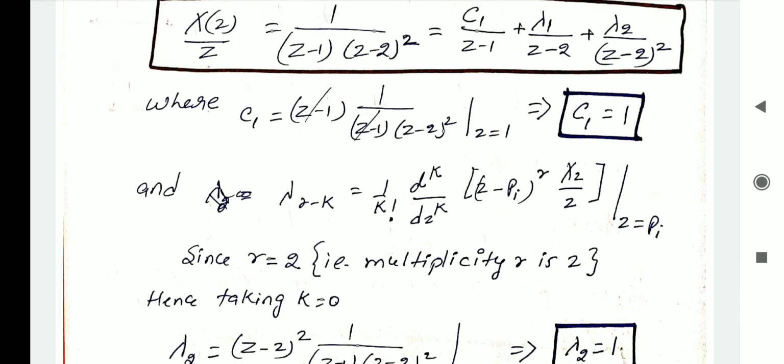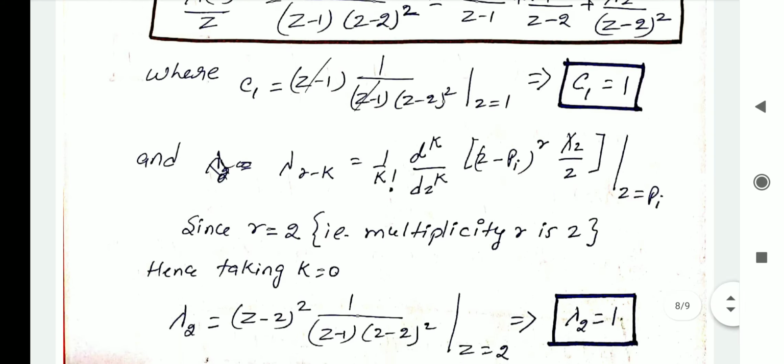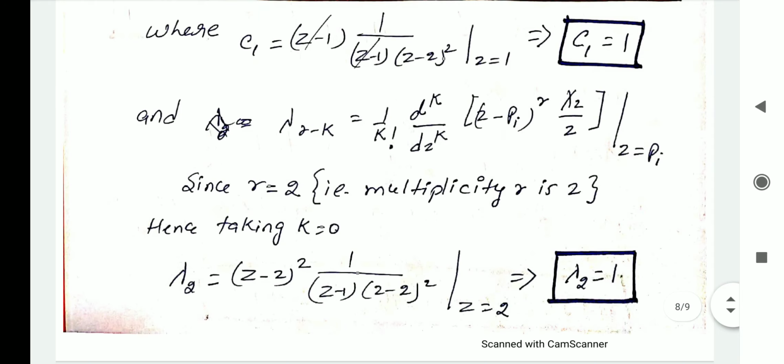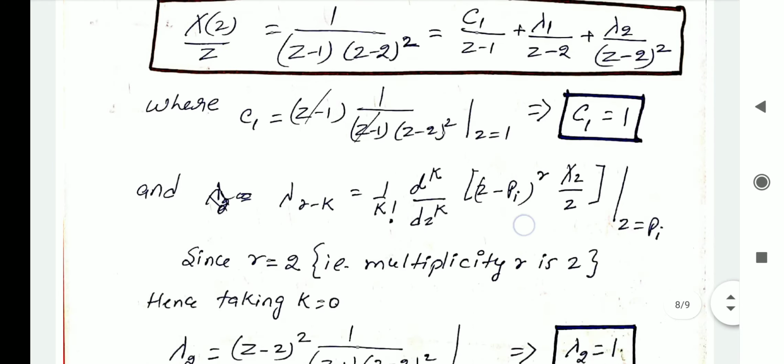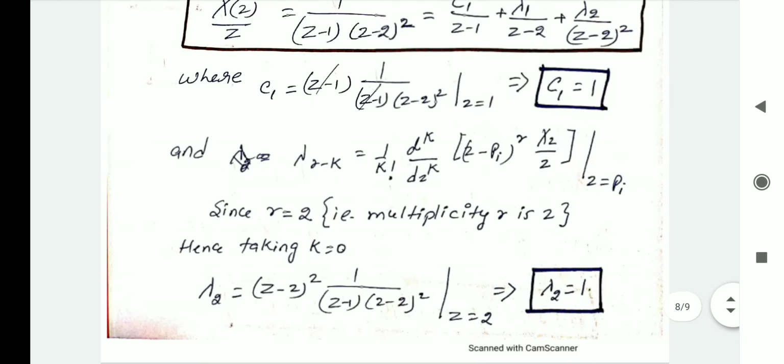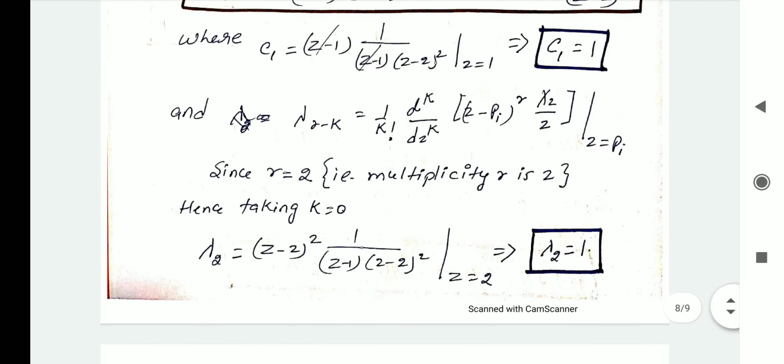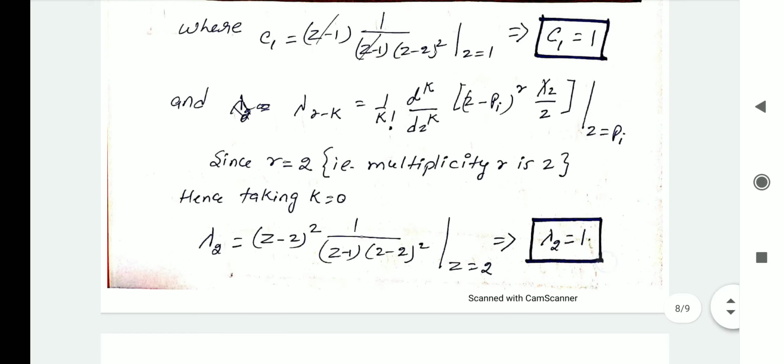Now r is 2 here, that is multiplicity r is 2. Now taking k as 0, we will solve for lambda 2 first. So lambda 2 is z minus 2 square times 1 by z minus 2 whole square for z equals 2. Z minus 2 gets cancelled out, lambda 2 becomes 1.